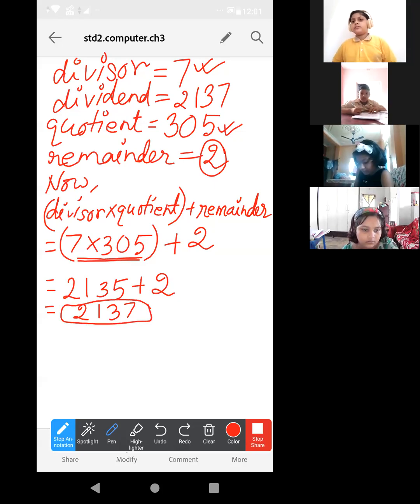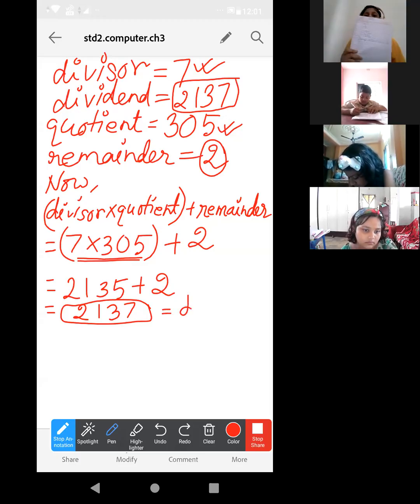Now this one is the dividend. Yes or no? Yes, though. So we are getting divisor into quotient plus remainder is equal to the dividend. So write it over there.